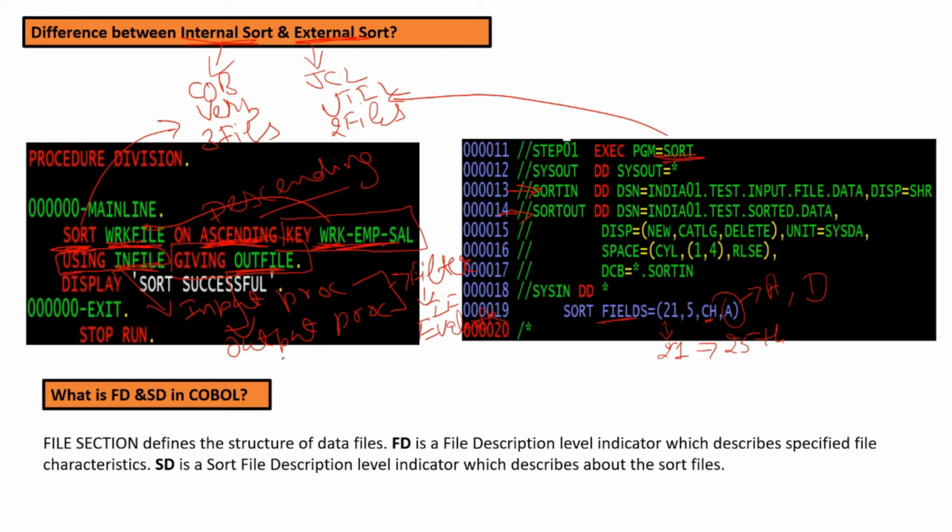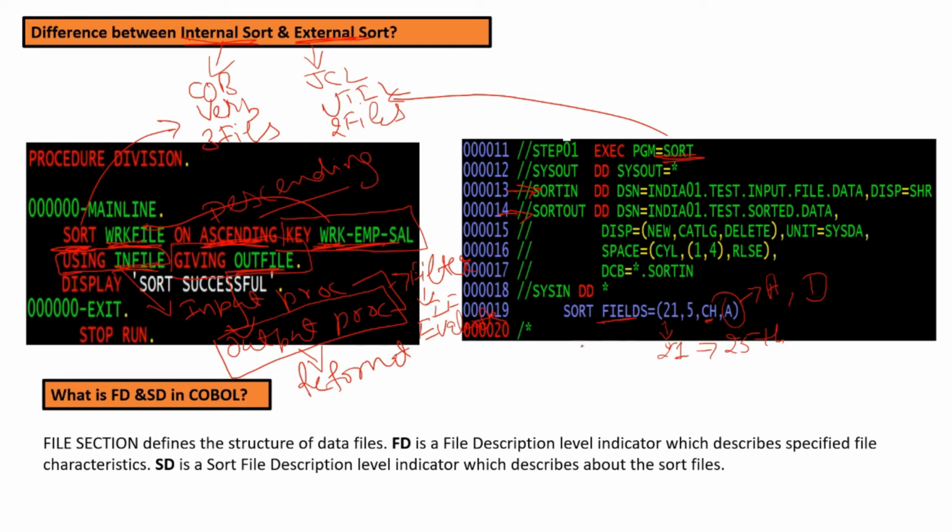And in the output procedure, we can reformat the field data, or rebuild the output file, or pass some other data into the output procedure. So we can do reformatting also in the output procedure.